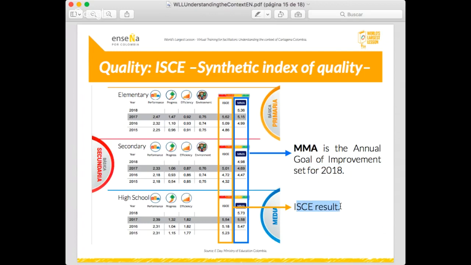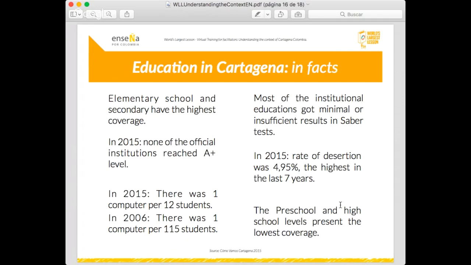From the scientific index of quality result. But anyways, if you can see this, the coverage of the education is not enough. Some facts on the education in Cartagena: elementary school and secondary have the highest coverage. Then in 2015, none of the official institutions reached A plus level.